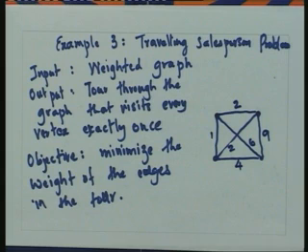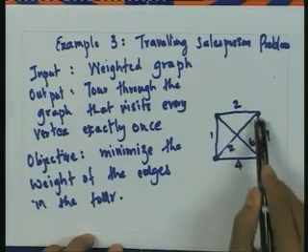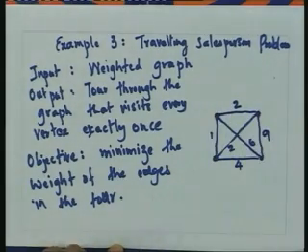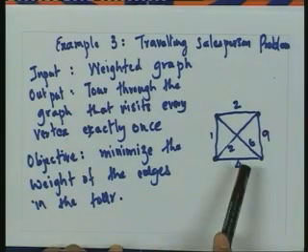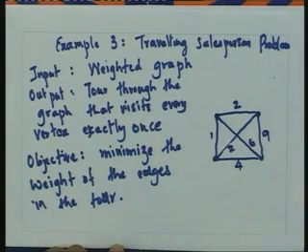So there are various ways in which the salesman could tour through these cities. For example, one way is this outer tour. What is the cost of that? Well, the cost of that is 1 plus 2 plus 9 plus 4. So that is 16. Here is a better tour.